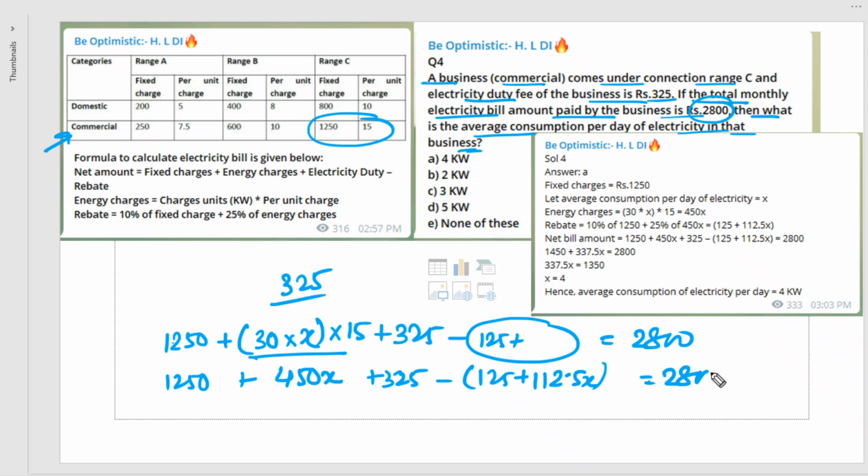And this is equal to 200. Now you have to calculate the X. So calculate it and it will give you the answer 4, right? So here the average consumption of electricity per day is 4 kilowatt. Fine. Now let's move to the next question.